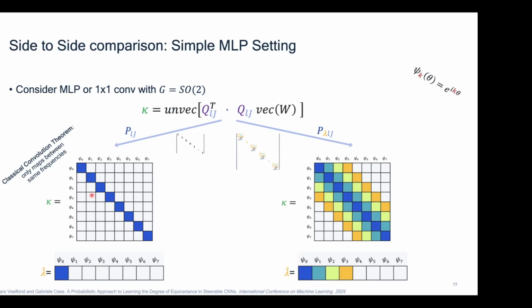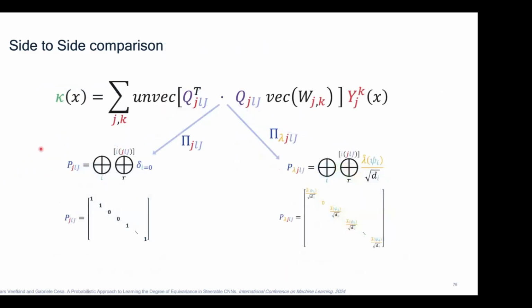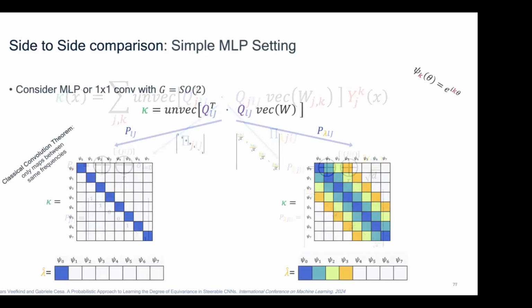That is Schur's lemma, if you're familiar with that. And that corresponds to this diagonal matrix containing just the ones that we saw before. Basically, this matrix contains zeros where input and output frequencies are different and ones when they are the same. So that's what it's encoding.